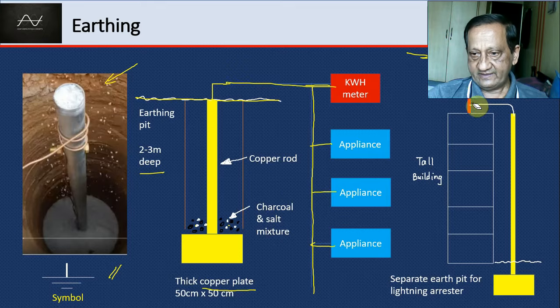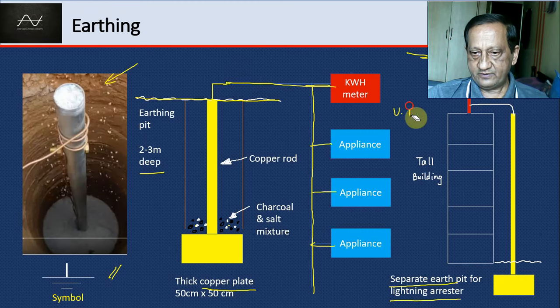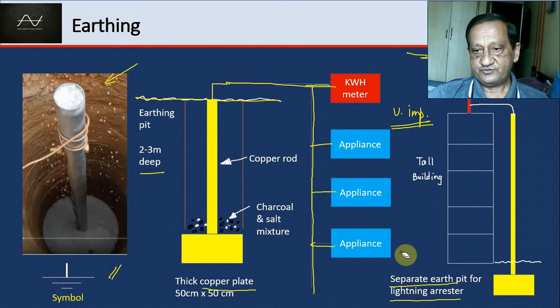And then we take a thick copper wire and make an earthing pit right down here, a separate earthing pit. Don't mix it up with this earthing pit. You make a separate earthing pit for the lightning arrestor. This is a very important device for tall buildings to prevent lightning strikes.